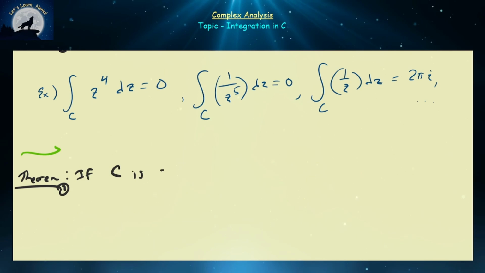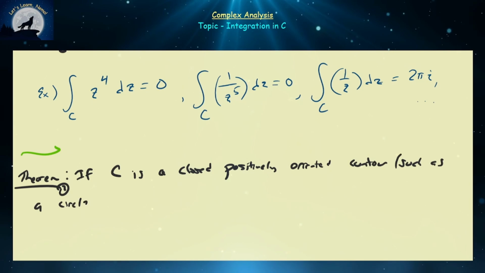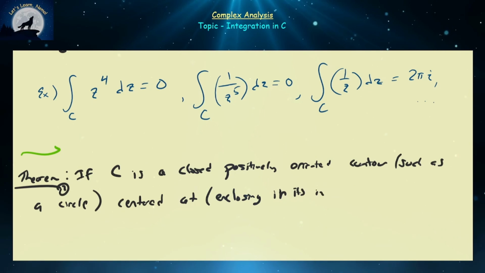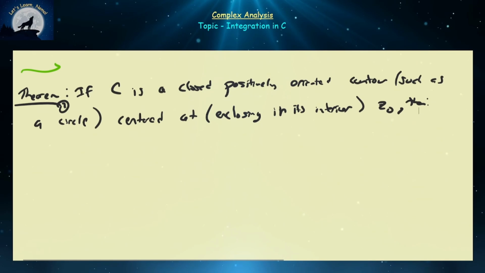If C is a closed, positively oriented contour, such as a circle, centered at or potentially enclosing in its interior z naught, then we have the following result.